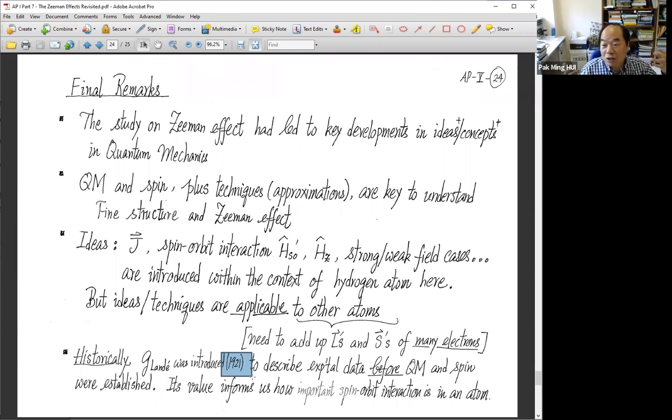That is spectroscopy. So when people use a magnet on a gas of atoms, they start to see unusual things, and then they try to fit things to experiment. So this Landé factor was introduced earlier than quantum mechanics, just to describe experimental data.